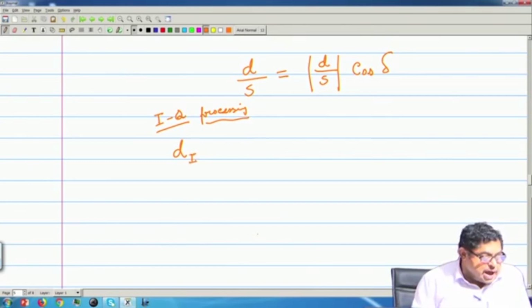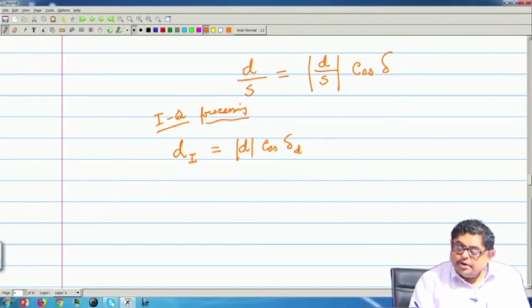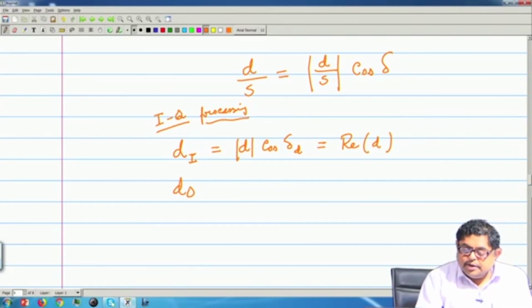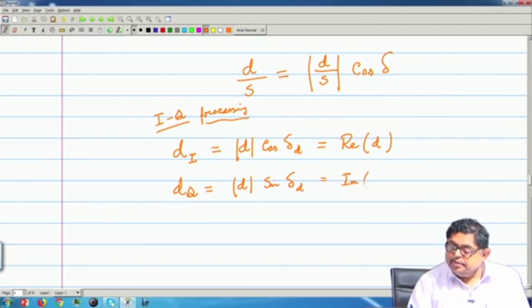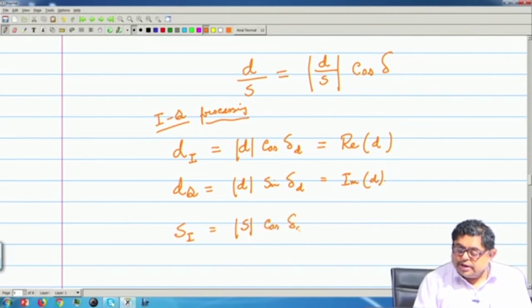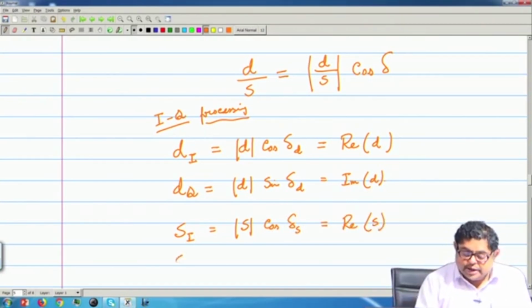What is DI? Actual DI is D cos delta D, let us call it the real part of D. Similarly, DQ is D sin delta D, that is the imaginary part of D. Similarly, SI is S cos delta S, equal to real S, all with respect to that phasor diagram.